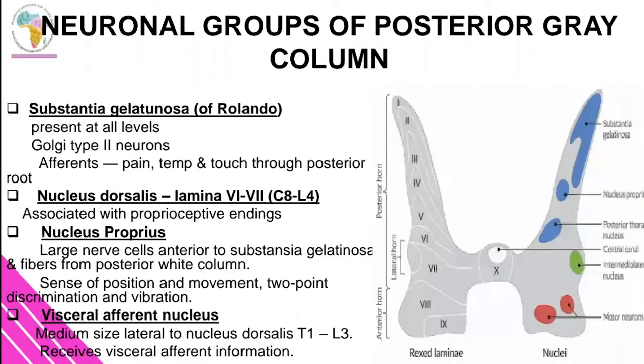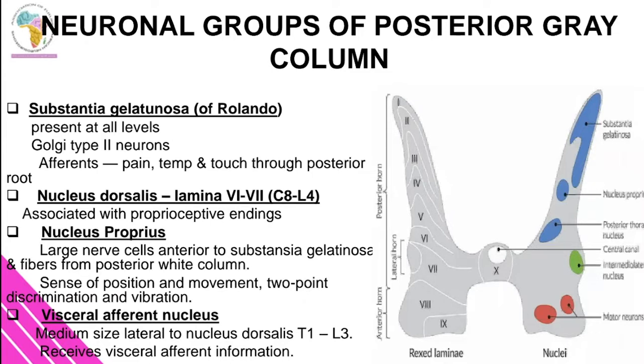Then we'll move and talk about the neurons of the posterior. We'll further look at them. The neuronal groups in the posterior gray column, of which we know that the posterior gray column itself is involved in sensory function.